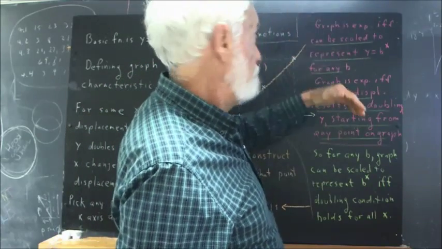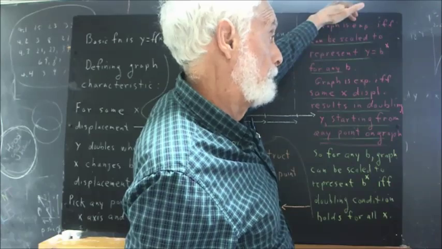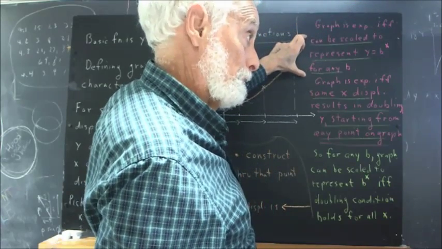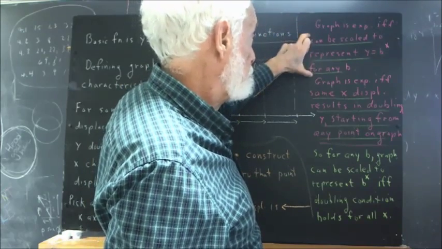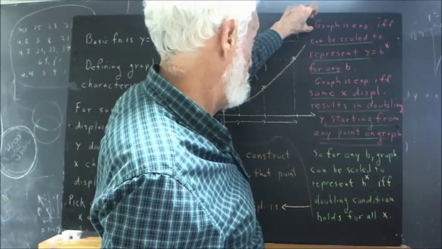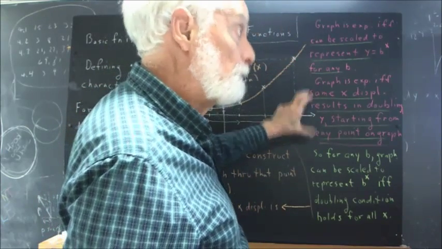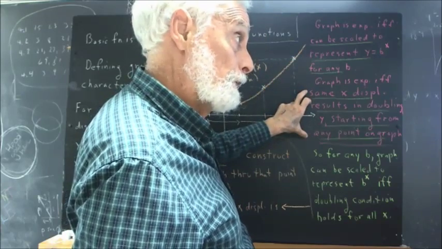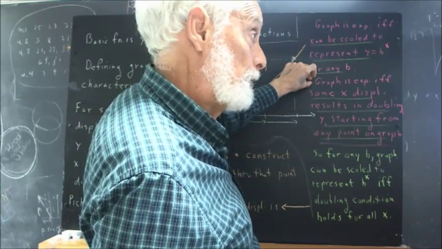Basically, it means that to say that the graph is exponential is completely equivalent to saying this. If the graph is exponential, this has to be true, and if this is true, the graph has to be exponential. Here, "graph is exponential if and only if this condition" means that if the graph is exponential, this condition has to hold, and if this condition holds, then the graph has to be exponential.